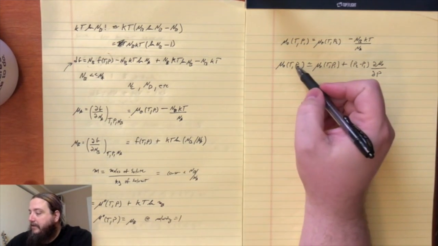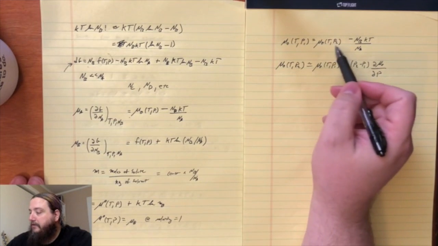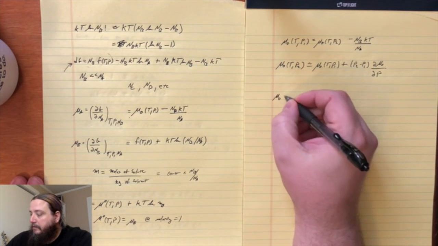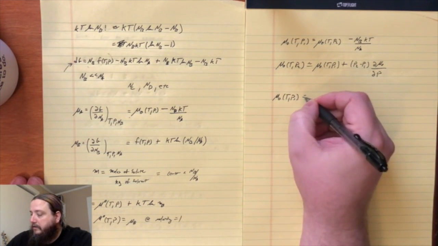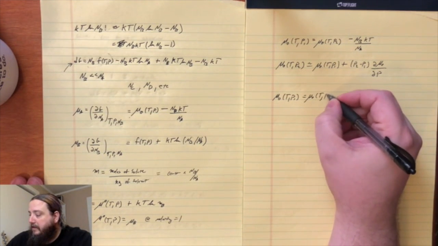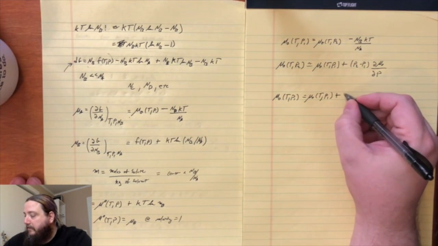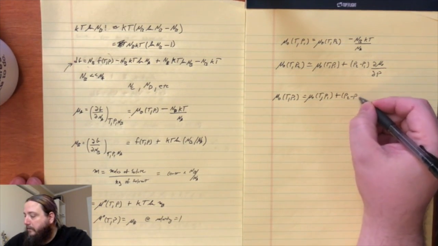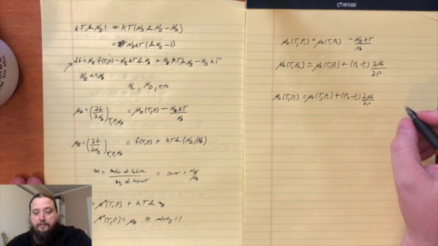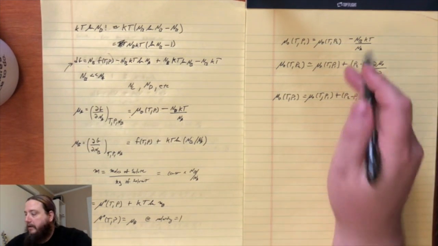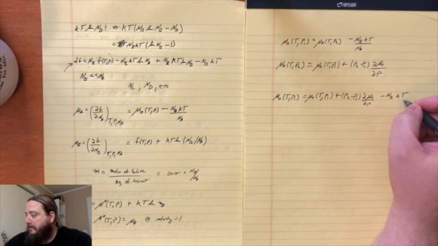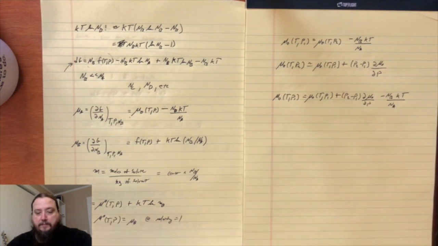All right, so if we take this expansion of our chemical potential and put it back into our equilibrium equation, mu naught at T and P1 is approximately mu naught at T and P1 plus (P2 minus P1) d mu naught/dP, and then minus N_B kT over N_A.